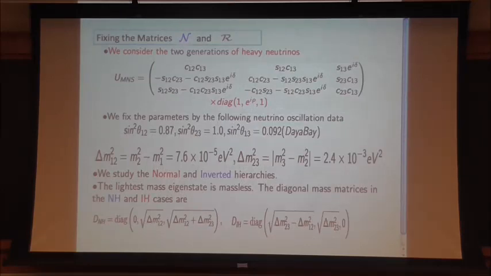Using these constraints, we try to fix our mixing parameters, and to do that, we consider two hierarchies.